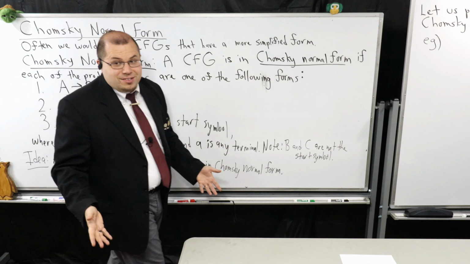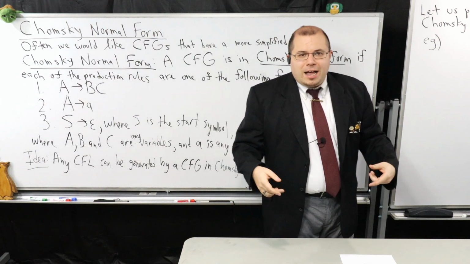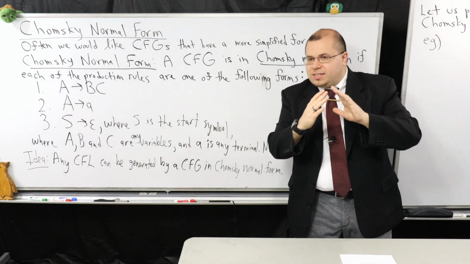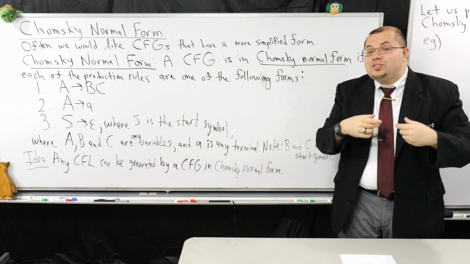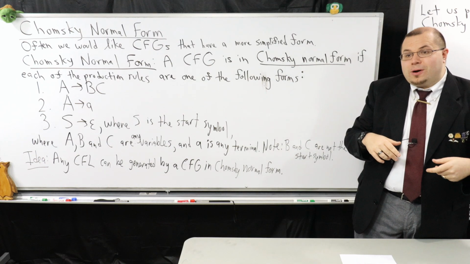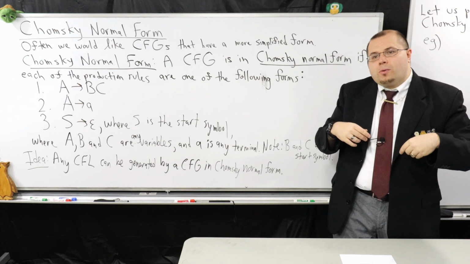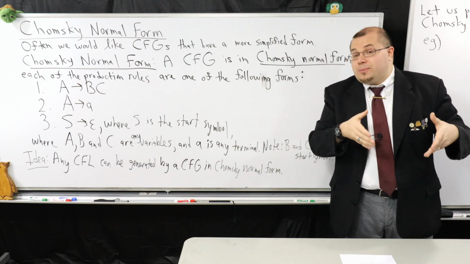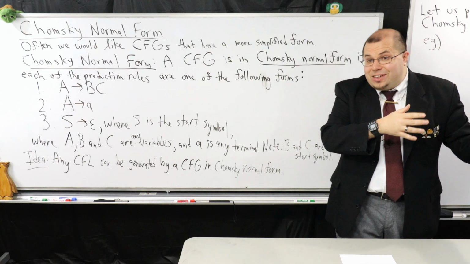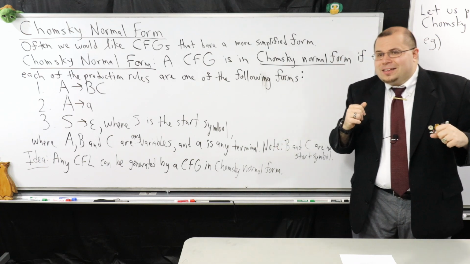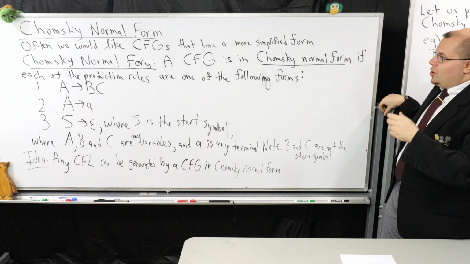It's very flexible. But wouldn't it be nice if we could take a context-free grammar and put it into a much simpler form, so that we can encode it in a much simpler way, or use it in a much simpler encoded way so that we can feed it to some algorithm. So that's where Chomsky Normal Forms come in.